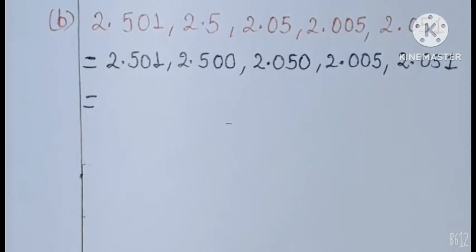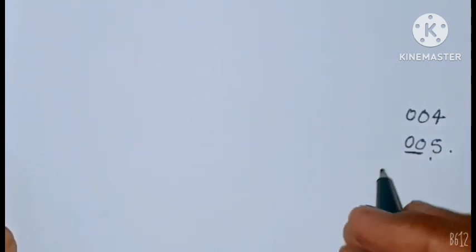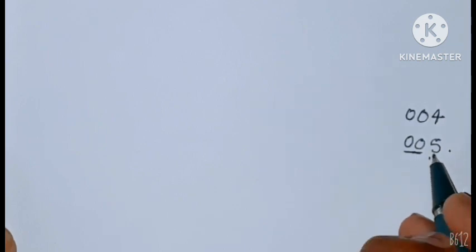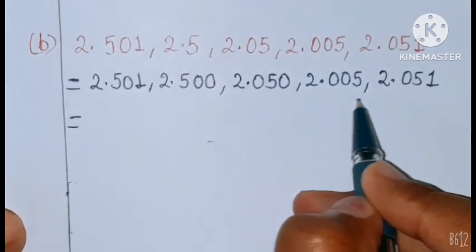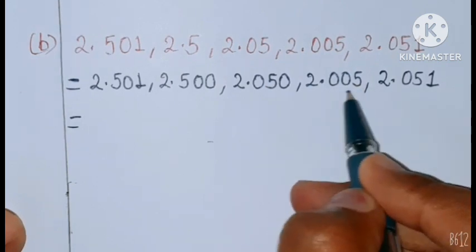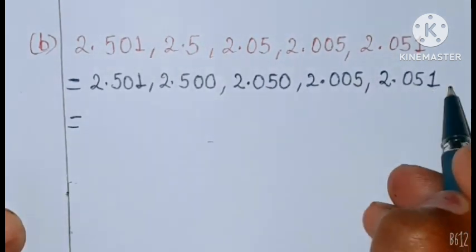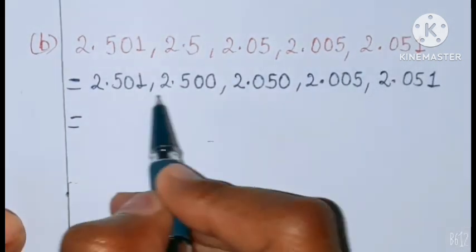So we all know that if you write 04 or 004, 005, there is no value of these zeros, it is said as 5. So here also it is given as 005, and it will be said as 5. The value of 005 is only 5. The value of 051 is only 51. The value of 050 is only 50, and it is 500 and 501.